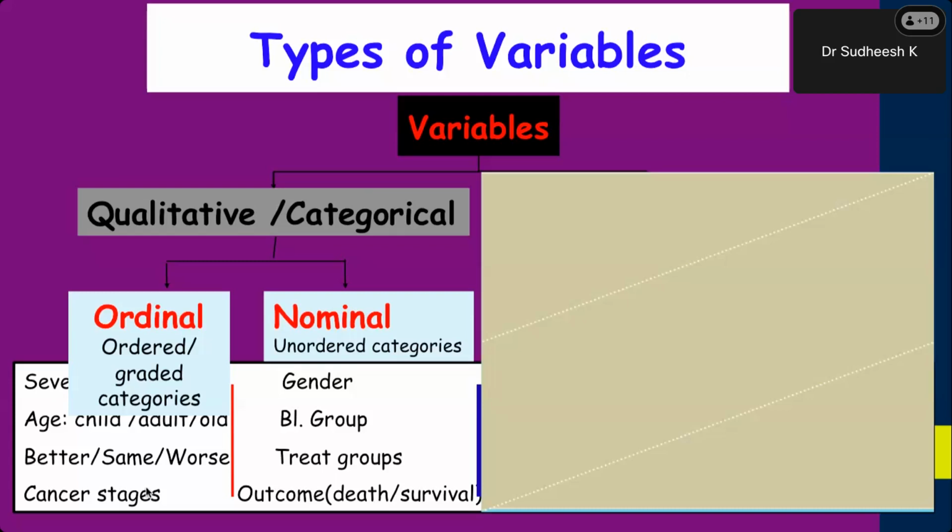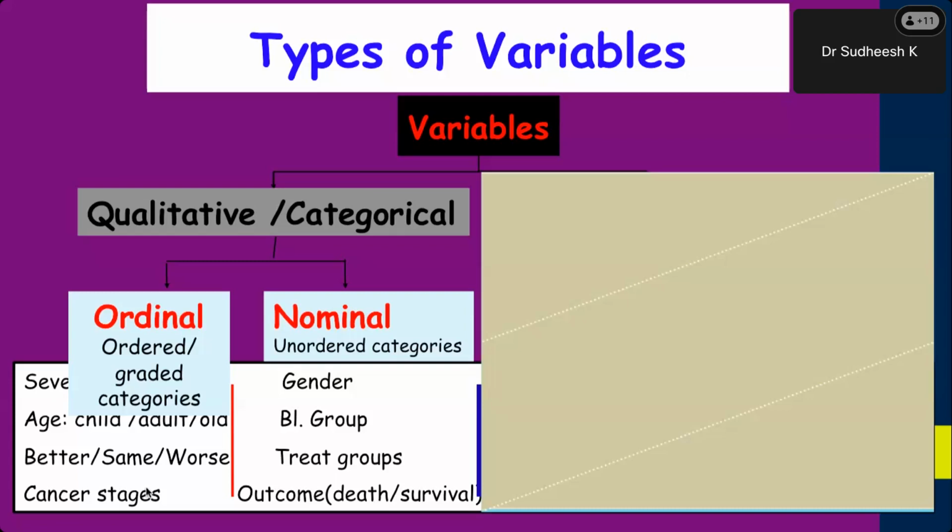Blood group consists of A, B, AB, and O. All four are of equal chance. It's not like A is better than B, or B is greater than C. Likewise, treatment groups. In most of the studies, we write group A received clonidine, group B received fentanyl. So they are also considered nominal variables. They both are nominal variables.